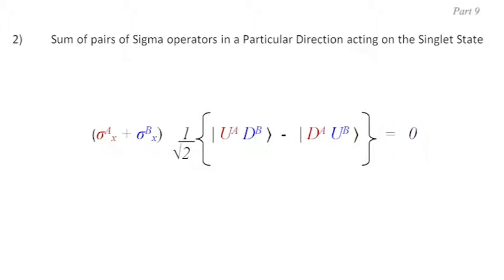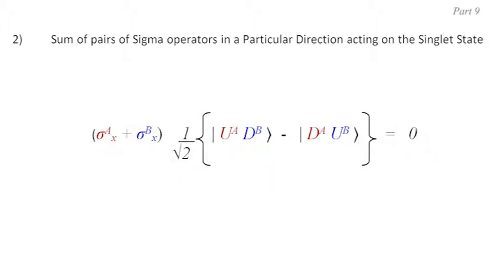Now this is a result. This is a measurement. This is like getting the same state multiplied by a real number, but the number is 0. So we've used the mathematics of quantum mechanics to make a measurement of the component of the total spin in the x direction of this singlet state, and we got the answer 0.